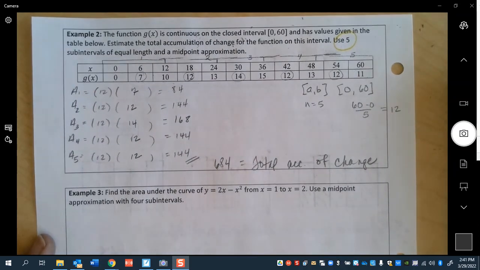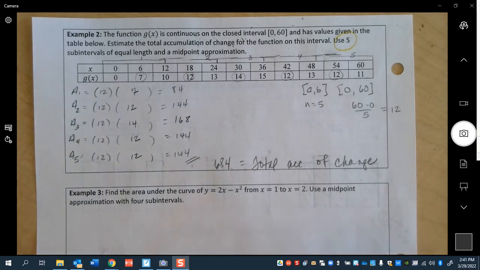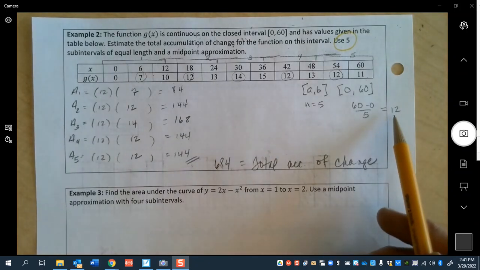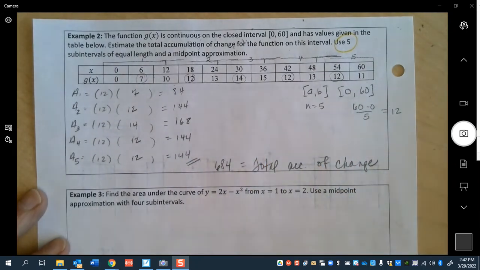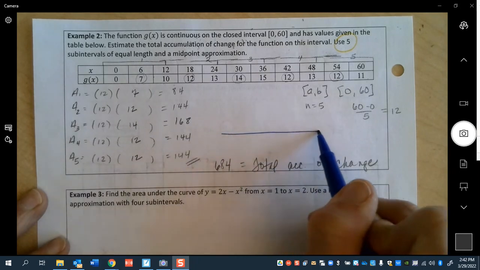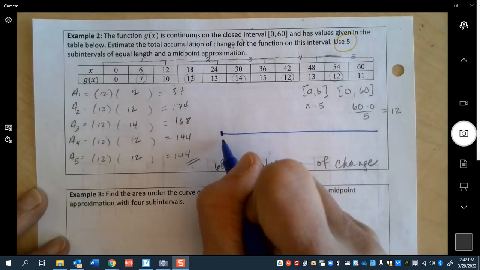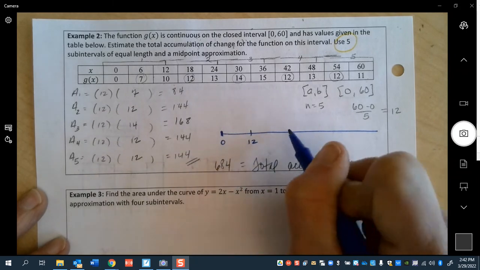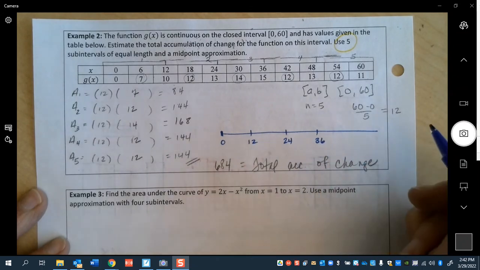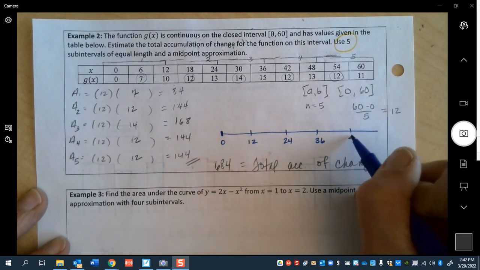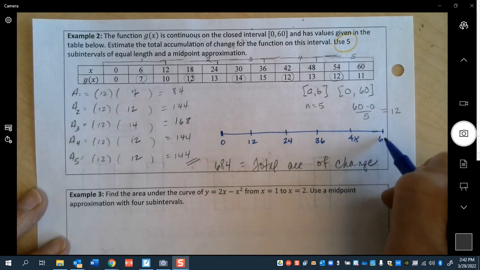Whatever this function represents, whether it's, like I said, hot dogs, people, change, money, whatever. So our intervals are 12 wide. If it's easier for you to see on a number line here and to summarize your graph, from 0 to 12 to 24 to 36 to 48 to 60.